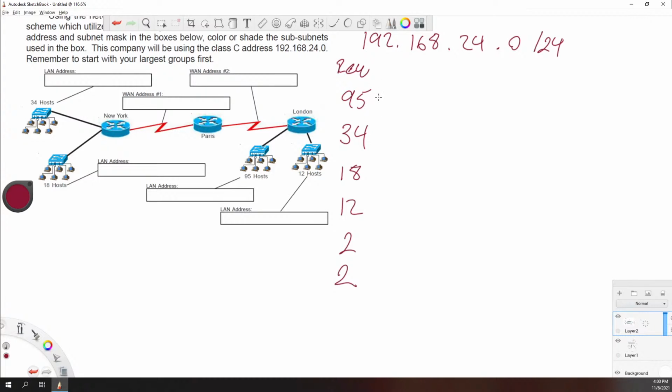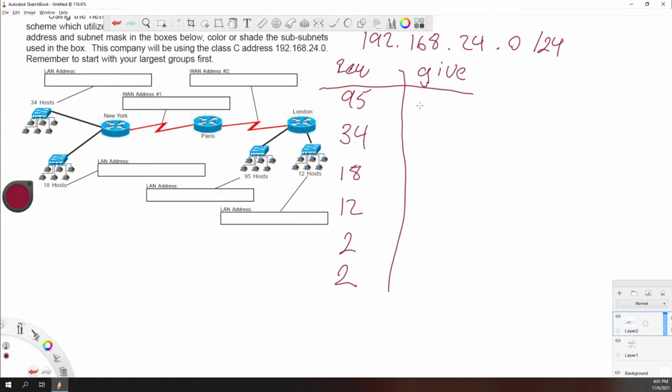So for 95, if we're subnetting this down from here, we're going to have to make this one of the largest blocks. I'm going to have a give section. What we require is 95.